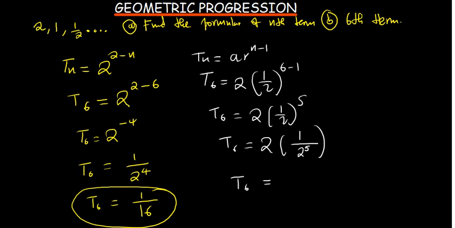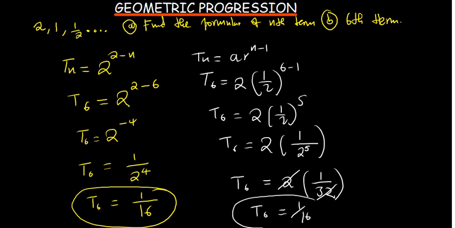So this is going to be 2 times 1 over 32. Now 2 can cancel here, and then 2 can go into 32 16 times. That will still give us 1 over 16. So we could have also said this. That is how we are able to determine the formula of the nth term, and also find the nth term itself. In this case, we found the sixth term.